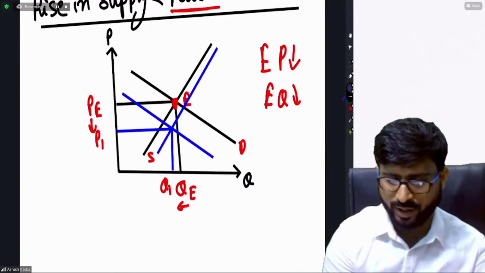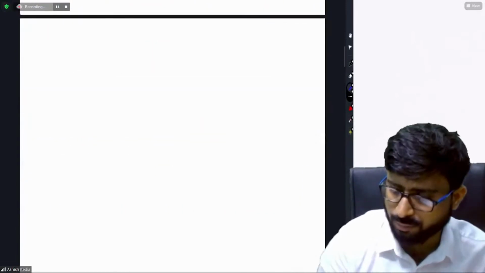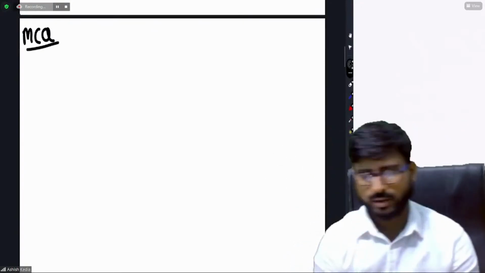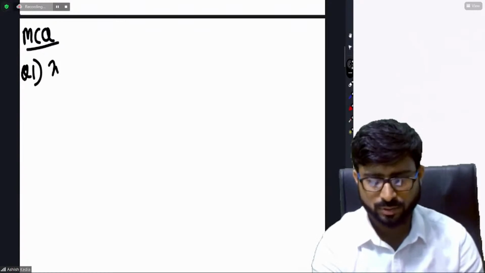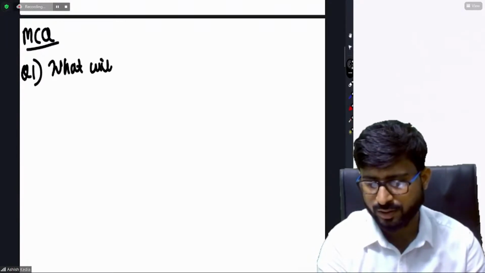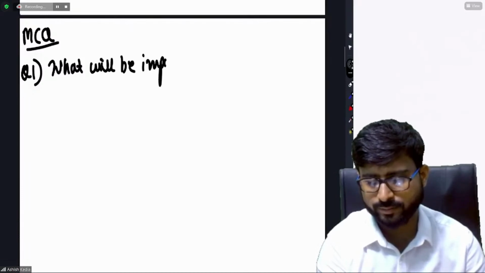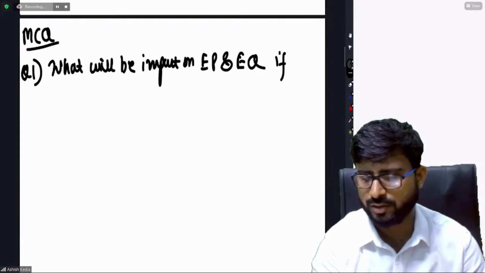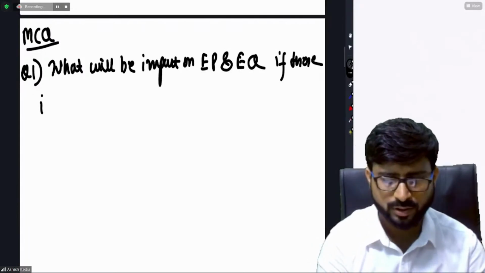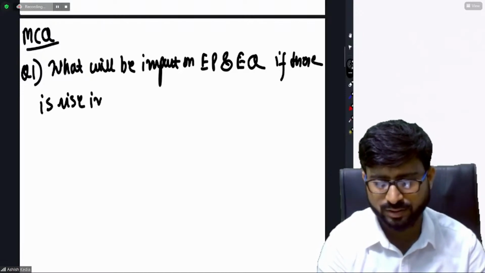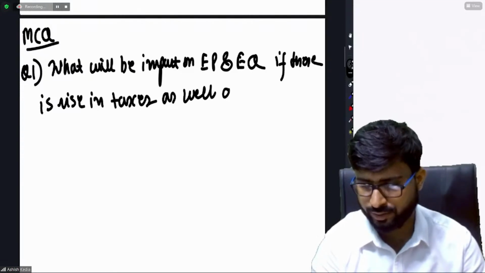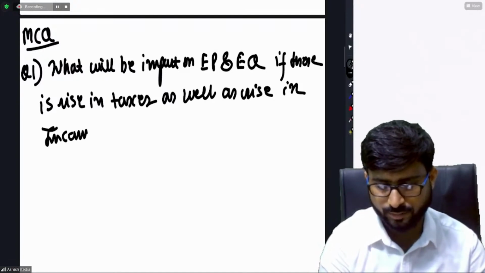Correct. Now my MCQ starts again. Some MCQ questions I am going to ask you all. I hope you all are ready. What will be the impact on equilibrium price and equilibrium quantity if there is rise in taxes as well as rise in income?